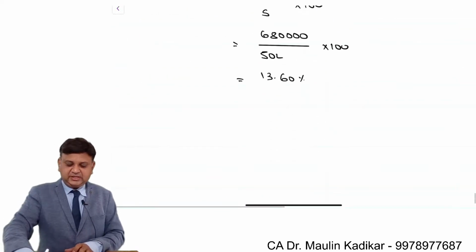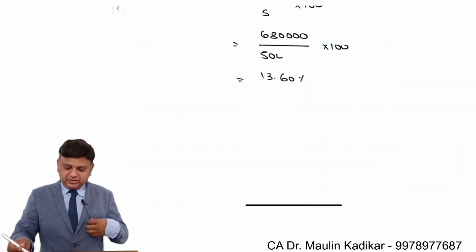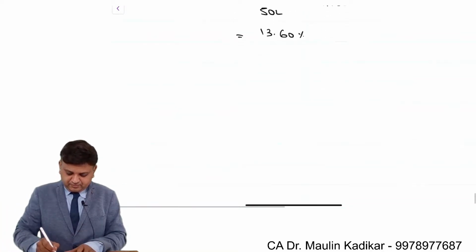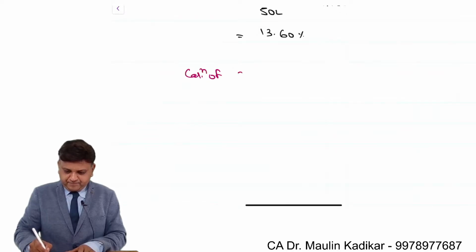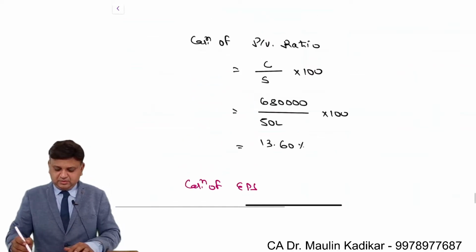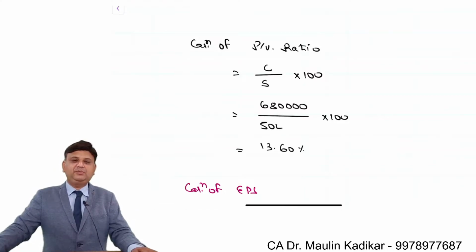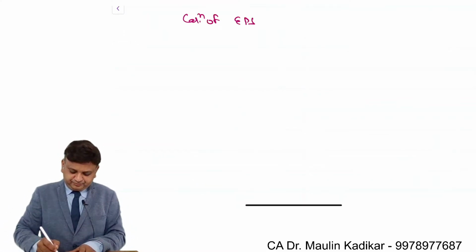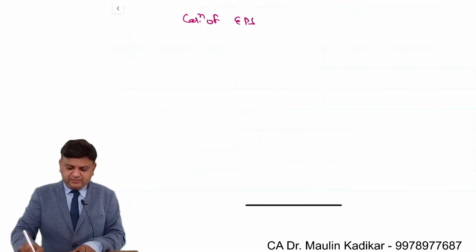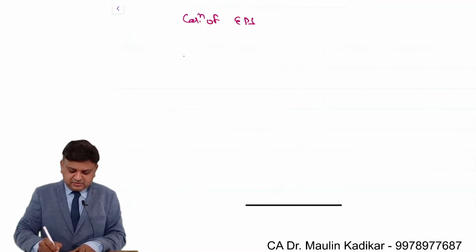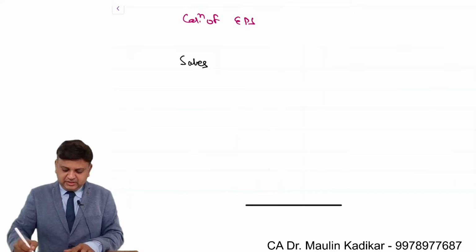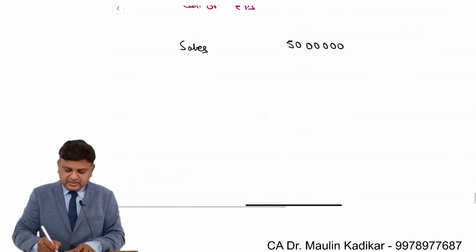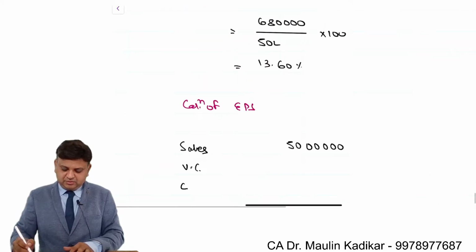So in that case, let us see how to make the calculation of earning per share. Calculation of earning per share. For that, whatever details have been provided to us will be used for calculation of EPS. So write an answer. I am preparing the entire statement just for understanding purpose. Otherwise, you may start from in between also. Sales is an amount of 50 lakhs. Less variable cost is contribution.